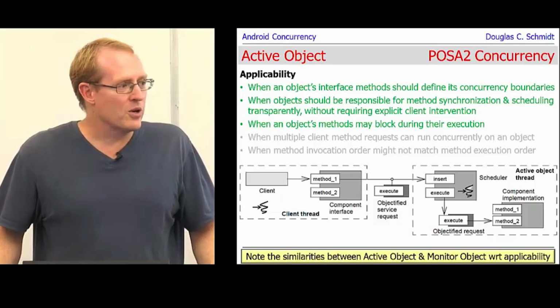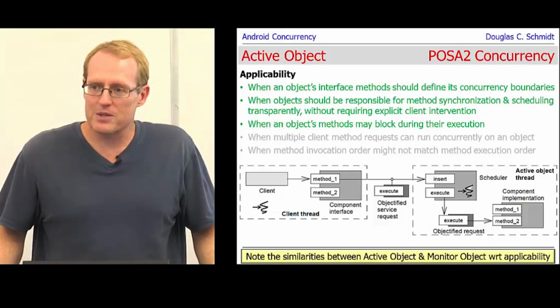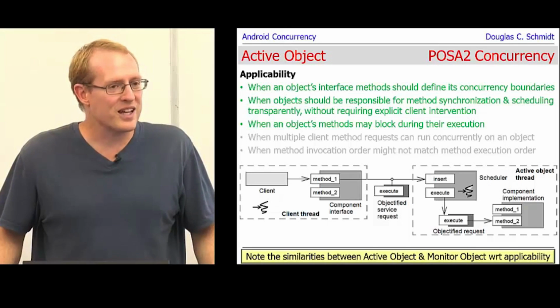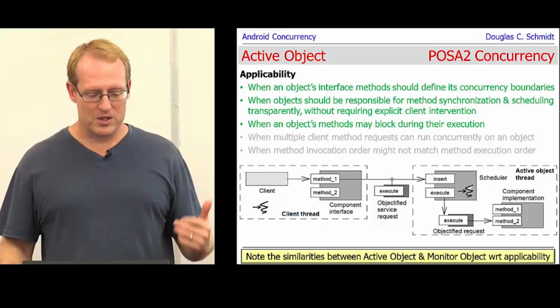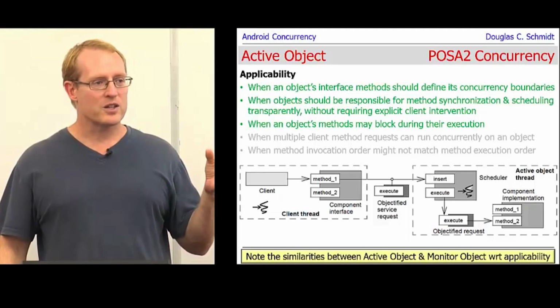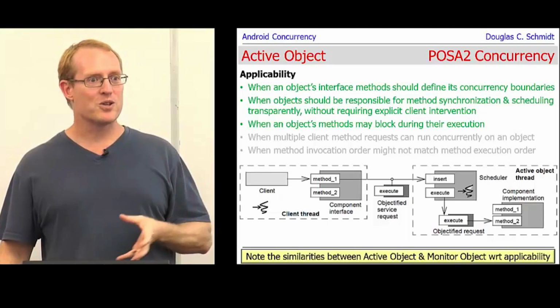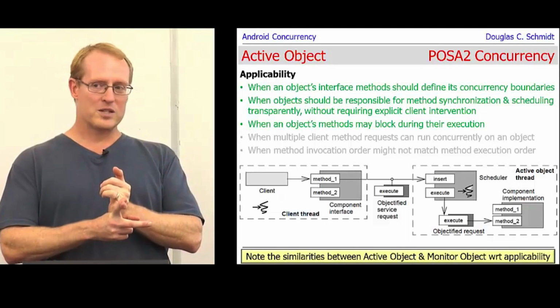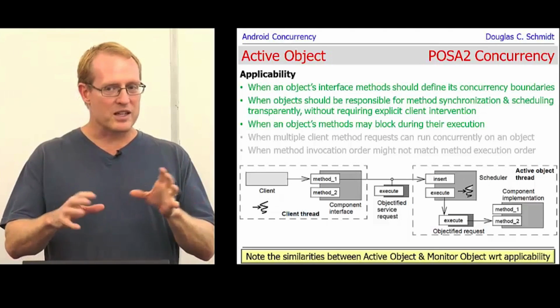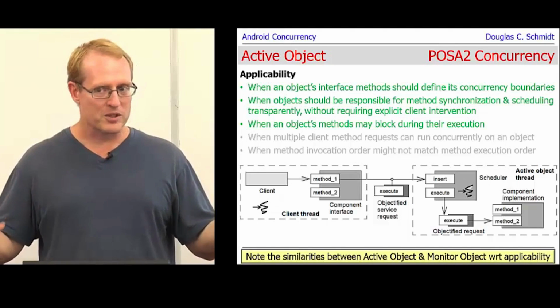Now, what's important to note here, and we'll come back and look at this a couple different times, is to compare and contrast active object with monitor object. Some things are very similar. The stuff in green here are essentially the same motivations for why you might choose to use monitor object. You don't want clients to really know that synchronization is taking place explicitly. It's implicit in the framework or in the implementation.